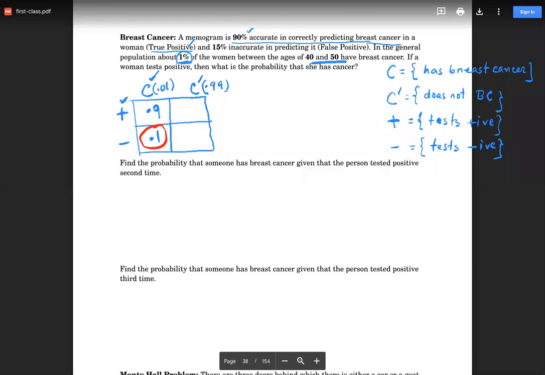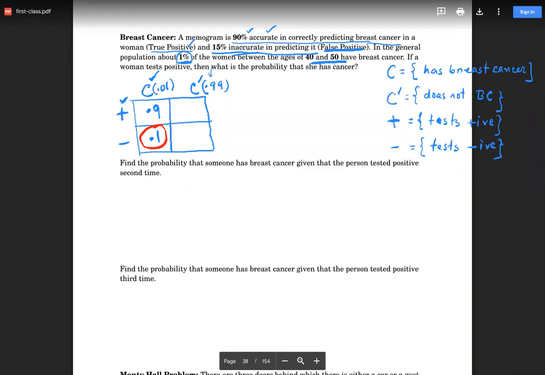Now, if you read the second statement, 15% inaccurate. Here it was accurate. Here, 15% inaccurate in predicting it. So that means the false positive part. The other scenario is that the person does not have cancer. That means you're going to be in the second column.